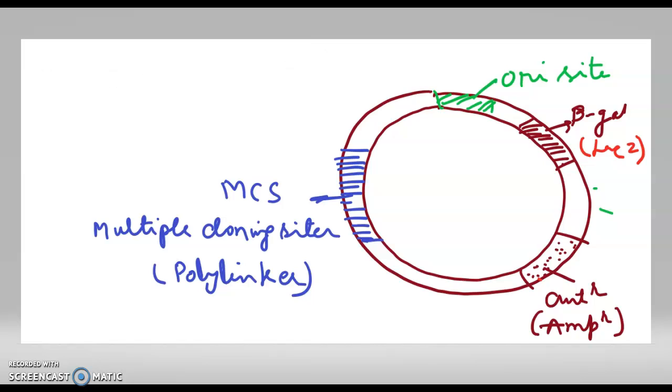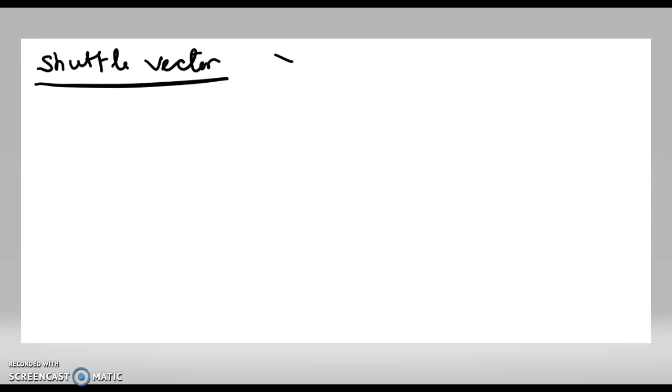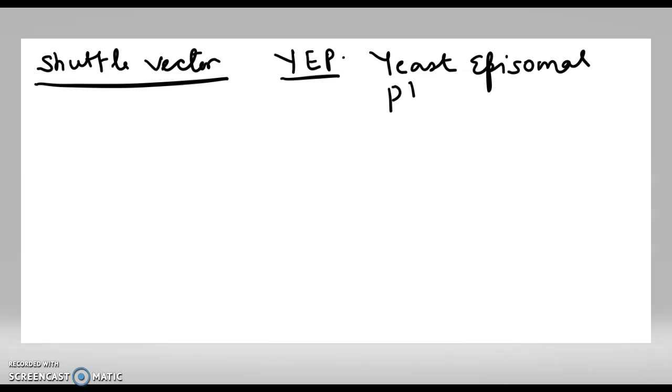Next is the third vector, that is also a type of plasmid, and it is termed a shuttle vector. An example of a shuttle vector is YEp, that is, yeast episomal plasmid. In the case of the yeast episomal plasmid, what is present?